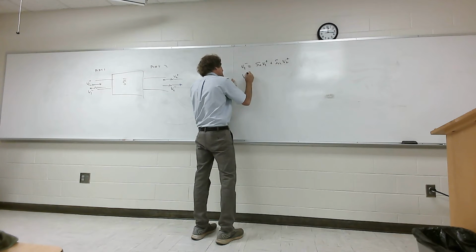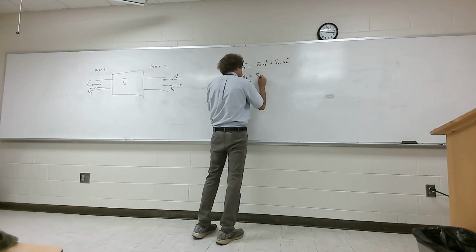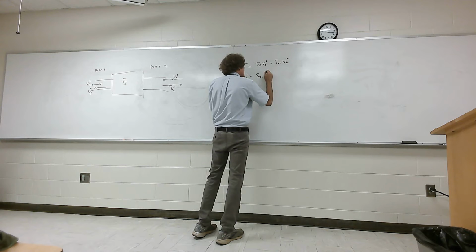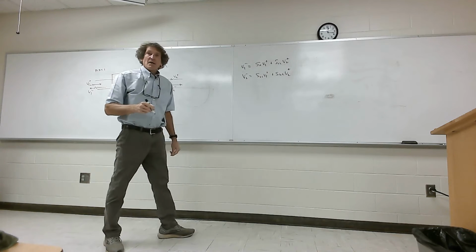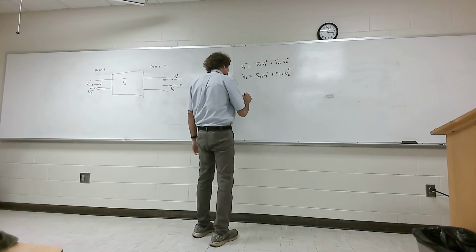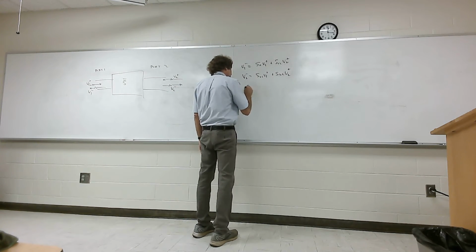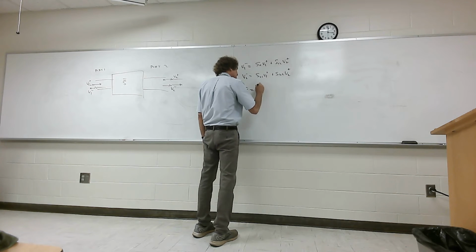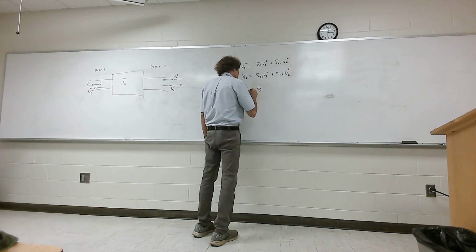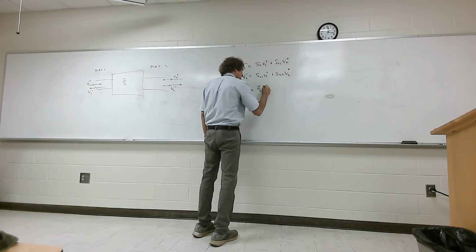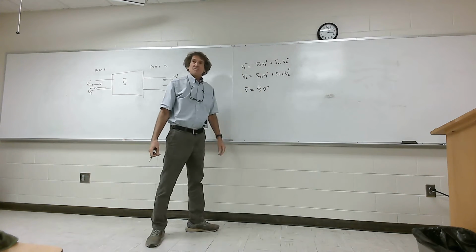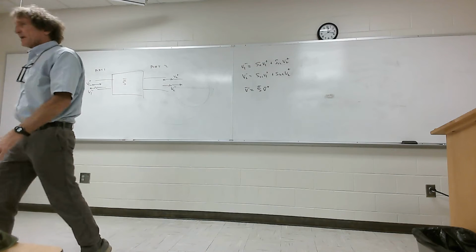And V2 minus is equal to S21 V1 plus S22 V2 plus. Okay? Normally the way it's shown is V minus is equal to S double bar times V plus. So it's normally written in a compact form like that.